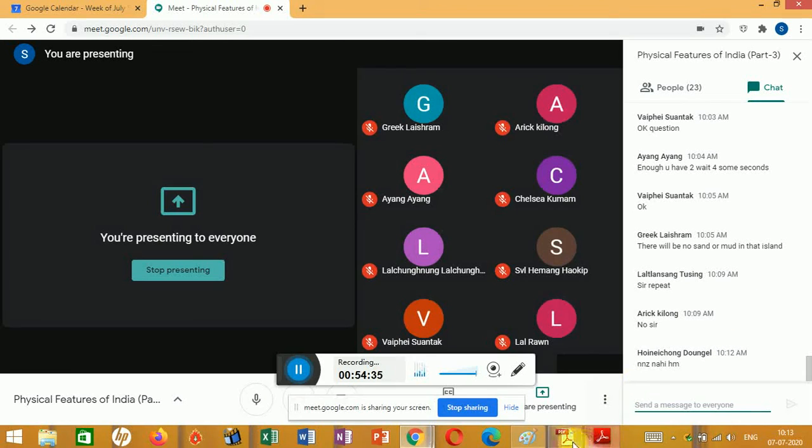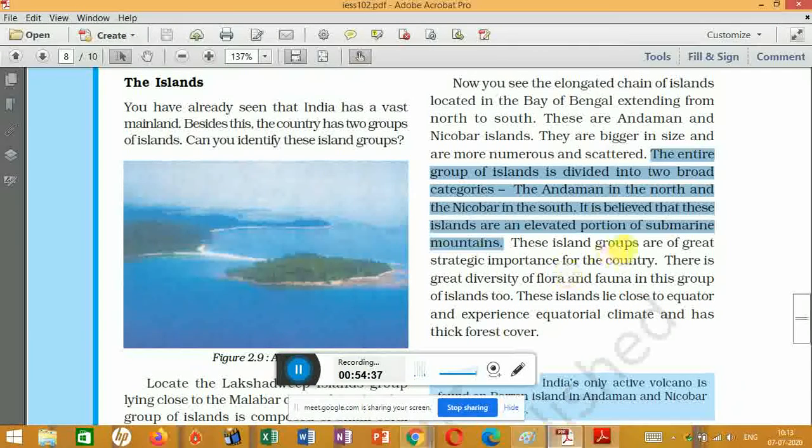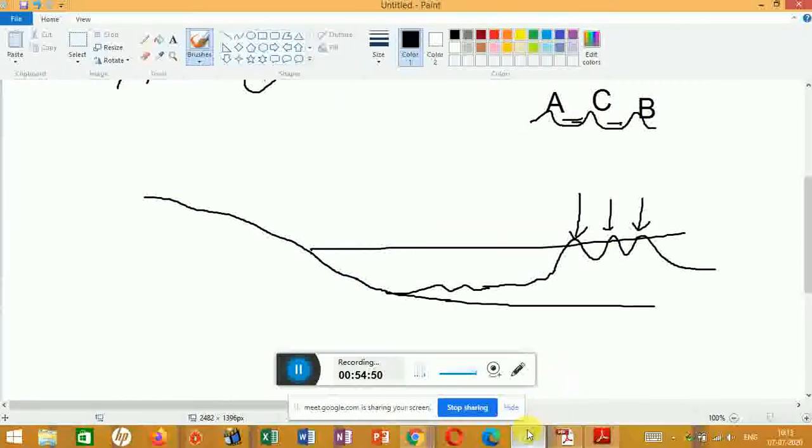Any question? See, submarine mountain means a mountain range which is running under the water. And as I told you, the Himalayan mountains enter the Bay of Bengal, and here it is running below the sea, and sometimes the highest point of the range is rising above the sea, and it becomes an island.